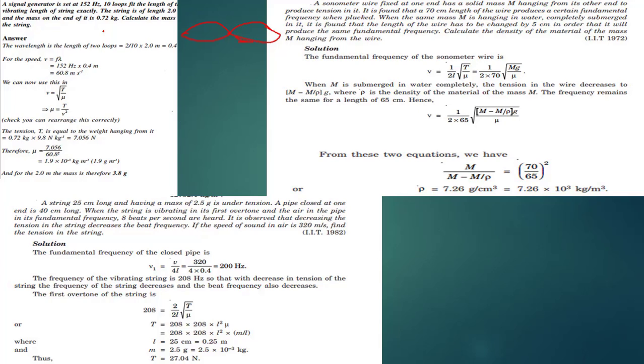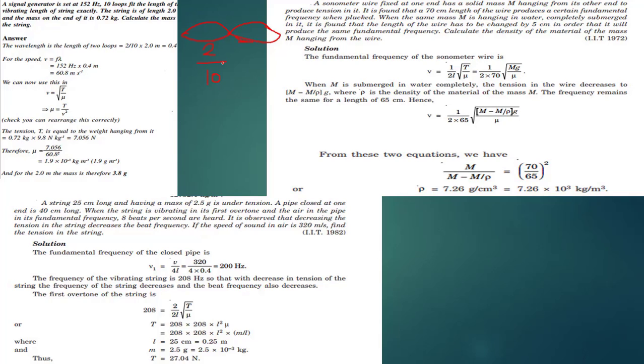So the wavelength inatakiwa iwe ni length ya string, 2 meters, igawiwe mara 10. Sawa, length ya string igawiwe 10 loops. So ukichukua length ya string ya 2 meters ukaigawa kwa 10, utapata kila loop, sawa, length yake ni ngapi?